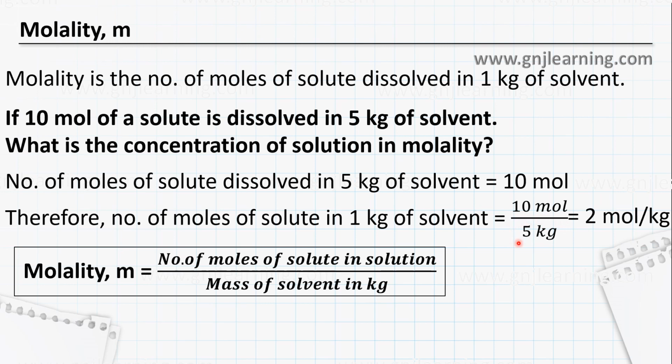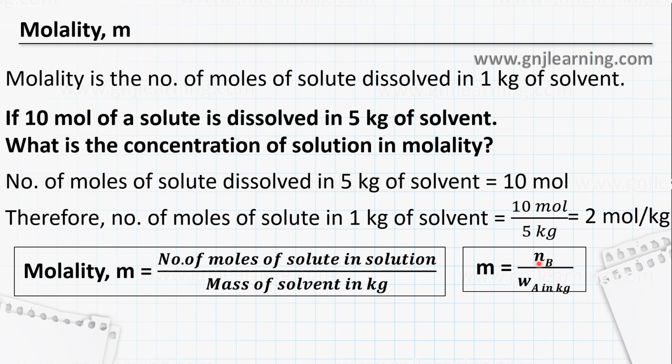Clear? If you use notations for all this, molality is equal to number of moles of solute divided by mass of solvent, denoted by WA, in kilogram. WA means solvent, A means solvent, so WA in kilogram.